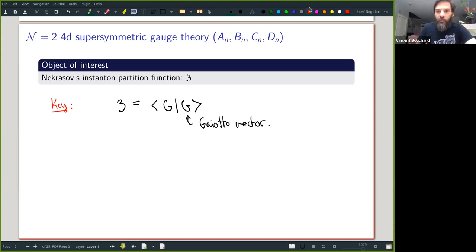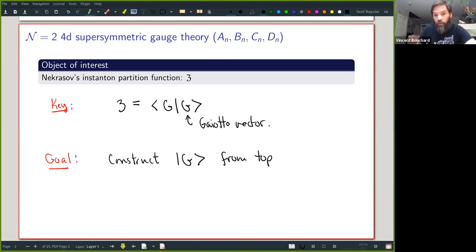All right, so this Gaiotto vector is going to be the main object of study in this talk. Of course, you can reconstruct the partition function from it. Our goal will be to construct, in all these cases A, B, C, D, this Gaiotto vector using what we call topological recursion.